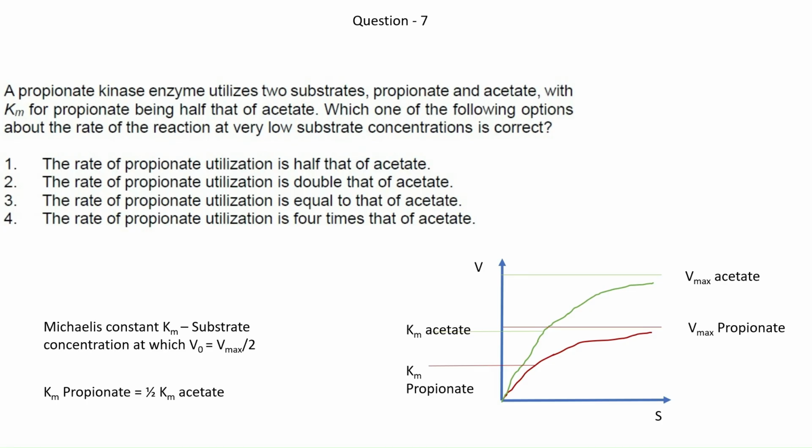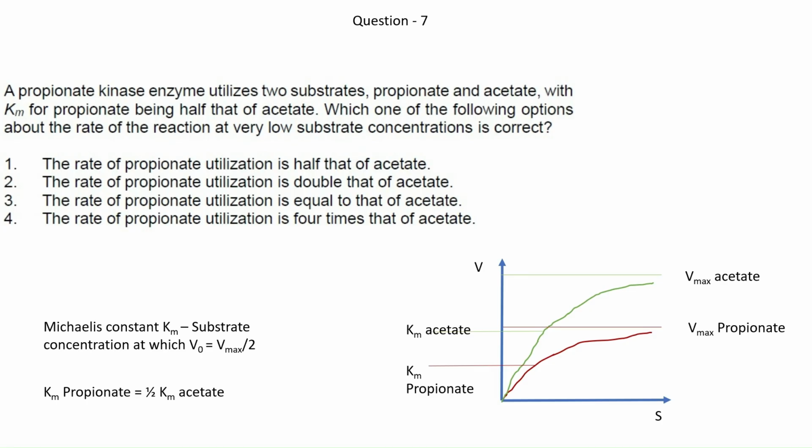So we can say that the rate of propionate utilization will be double that of acetate, because the Michaelis constant for propionate is half of the Michaelis constant for acetate. So at half the substrate concentrations, we'll get closer to Vmax for propionate.